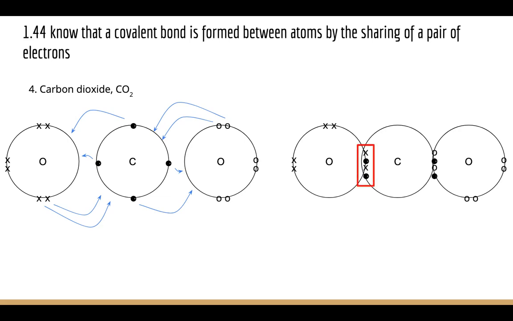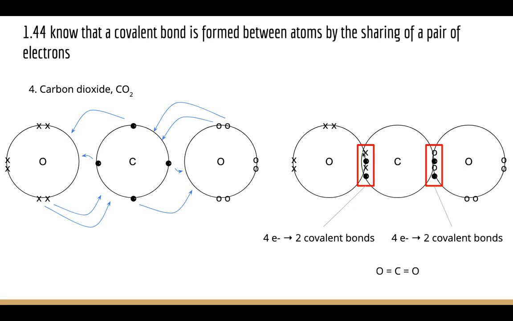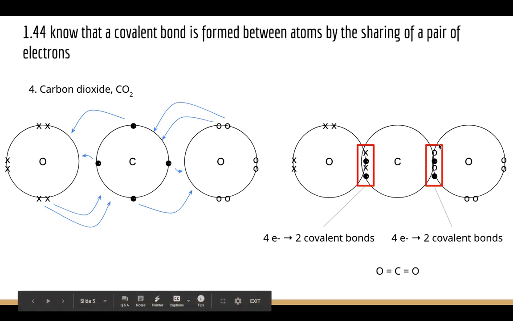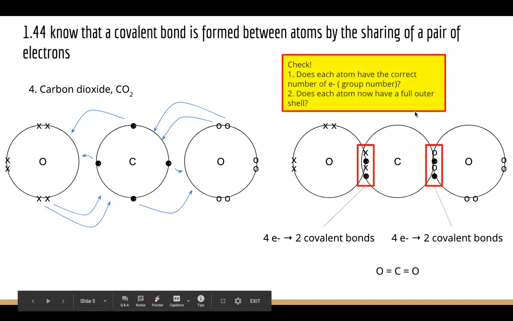Remember now 4 electrons is a double bond, and another 4 electrons is another double bond. So we've got 4 electrons, 2 covalent bonds on the left-hand side, and 4 electrons, 2 covalent bonds on the right-hand side. And again, we would draw it like that. So this bond here is not one bond, it's 2 bonds. There are my 2 bonds. Here, 2 bonds.